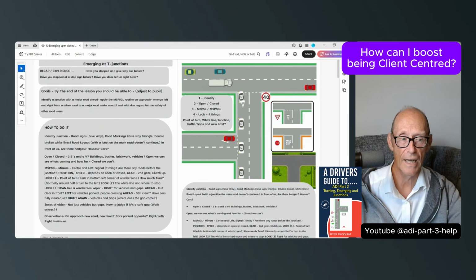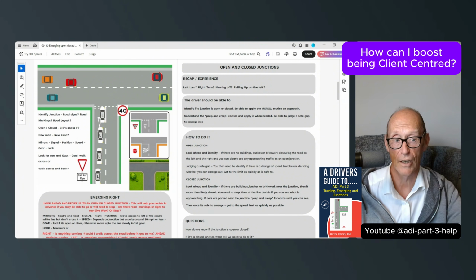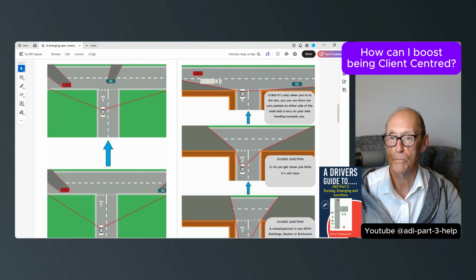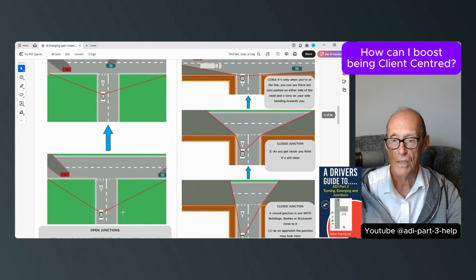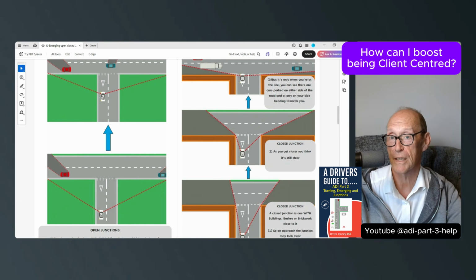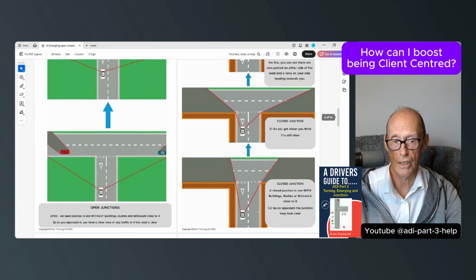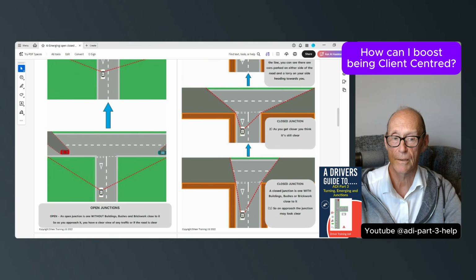And this is then where we can go down to our open and closed junction, or turn over the page to our open and closed junction. So here, Chris, an open junction is one with no buildings, bushes and brickwork. So from back here, you can see the car coming. You think, once the car's gone, I can go. A closed junction is like this one here. So from back here, it seems clear.